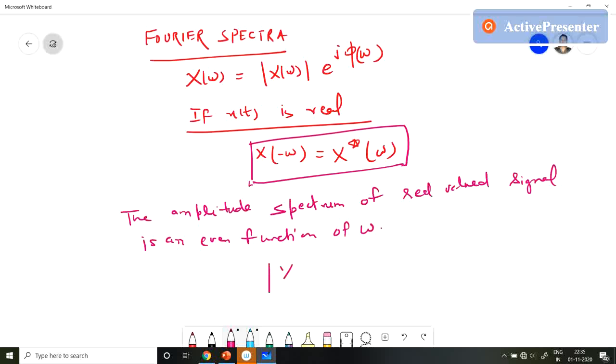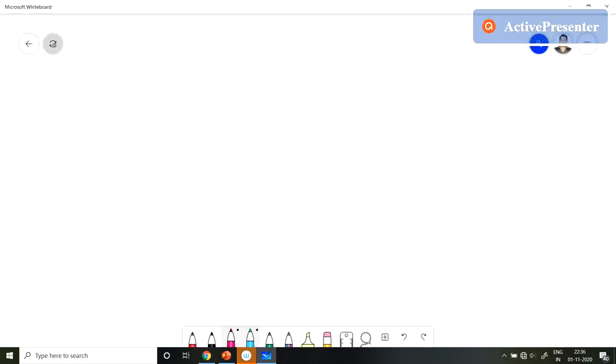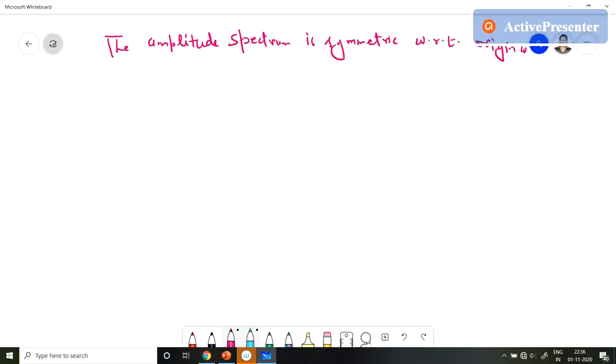Because if we take the modulus on both sides, then we will get modulus of X(minus omega) equals modulus of X conjugate(omega). So the amplitude spectrum for a real valued signal is an even function of omega, and so basically we can say that the amplitude spectrum is symmetric with respect to the frequency origin, omega equals zero.